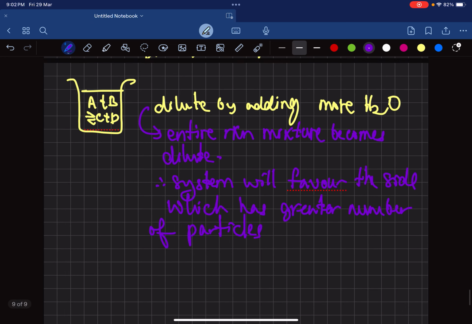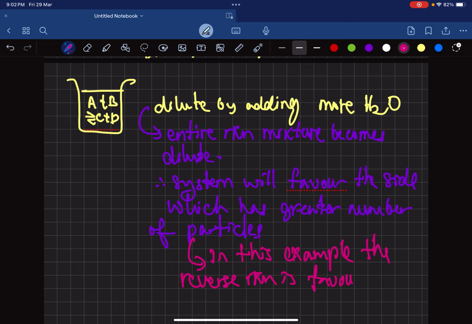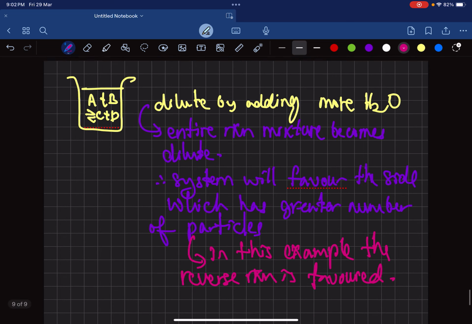So in this example, the reverse reaction is favored.